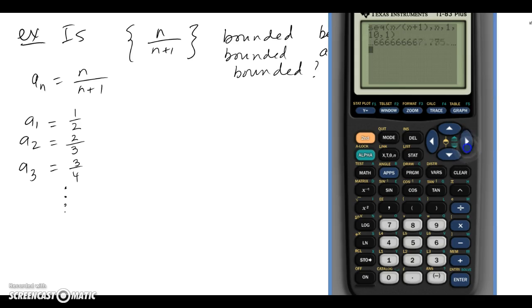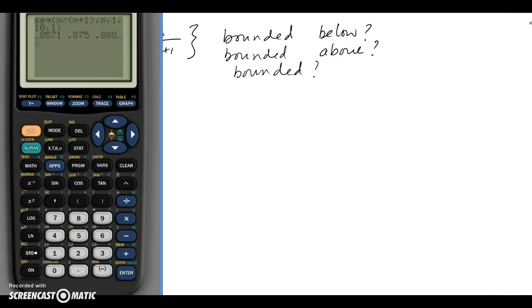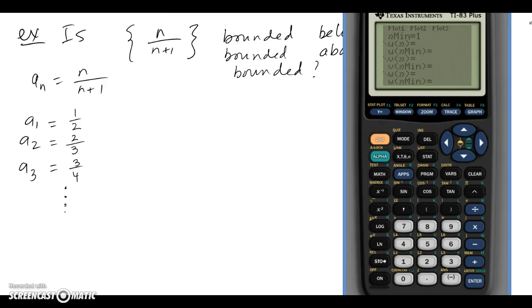If you look through your list, it looks like an increasing sequence because the terms keep getting bigger and bigger. That's what the pattern shows. I can also go where I used to input functions and put n divided by n plus 1, and look at the graph.